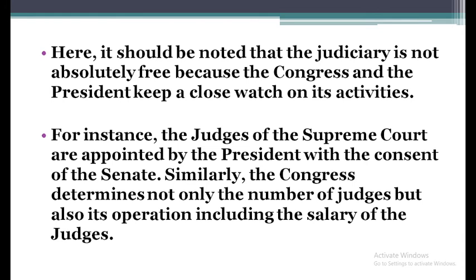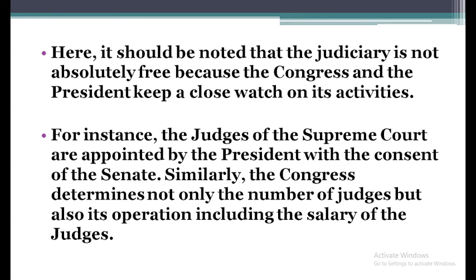And not only this number of judges, but also how they are going to function, how they are going to operationalize their activities, and even how much salary they are supposed to get. All these things should be decided by the Congress. This means that the judges of the Supreme Court, or simply the judiciary, is not absolutely independent of the legislature and the executive.